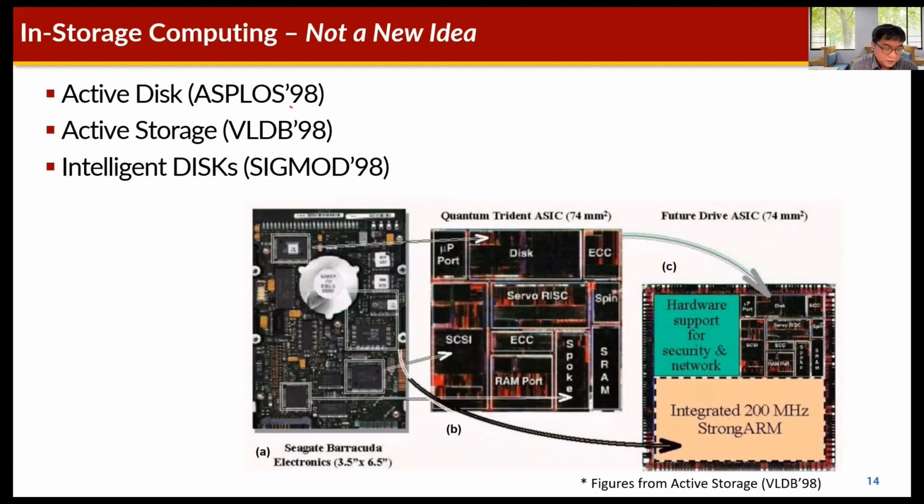It's more than 30 years ago, so it's a very old idea, not a new one. And this idea was applied to hard disk drives, because at the time, hard disk drives were the main storage systems in computer systems. If you are interested, you can read these papers, like active disk, active storage, and intelligent disks.